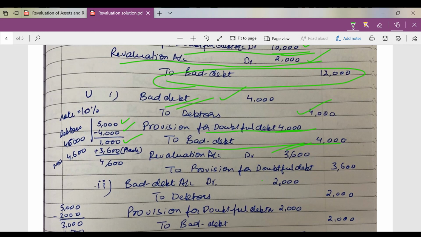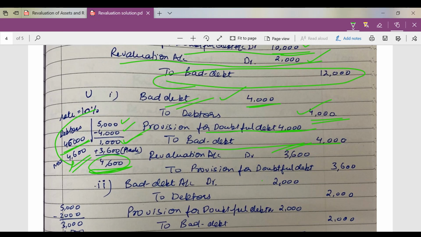And what do I have to make? Now again remember, out of the 50,000 debtors, if 4,000 become bad, I can see debtors are credited for it. So my debtors are now only 46,000. On 46,000, I have to create the same rate, that is 4,600. My new provision has to be 4,600. I already have only 1,000.